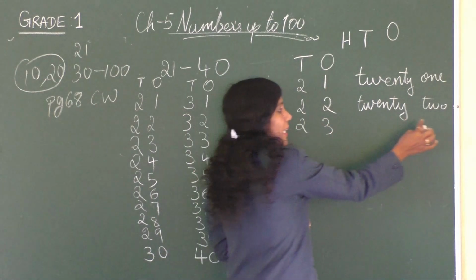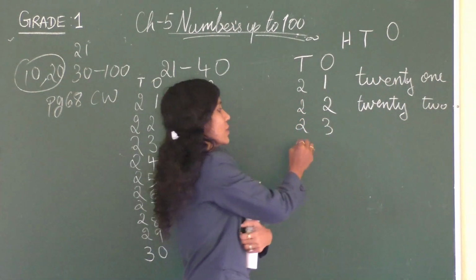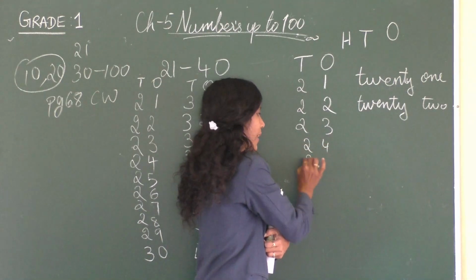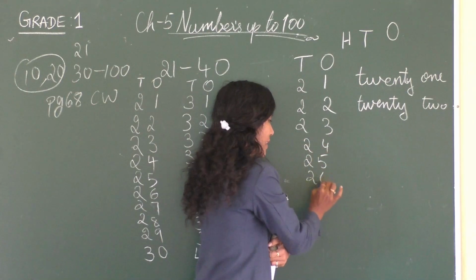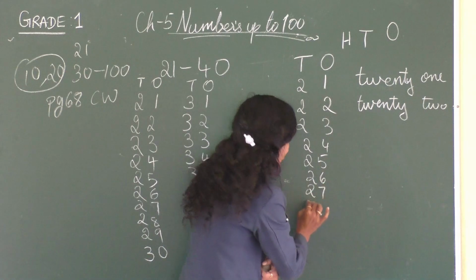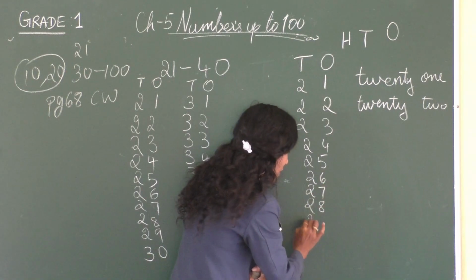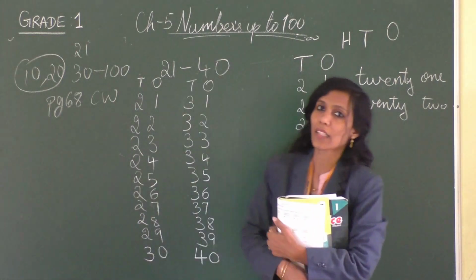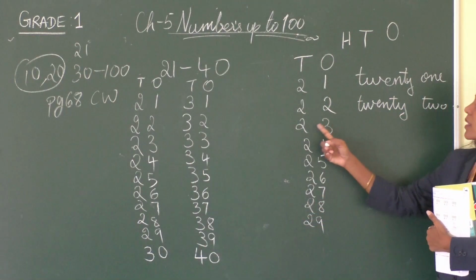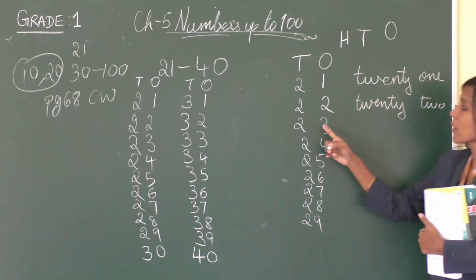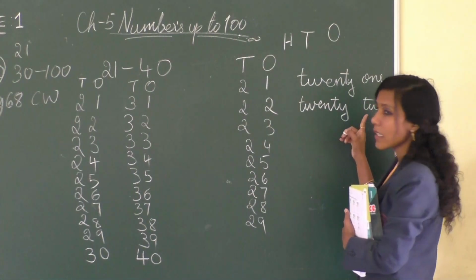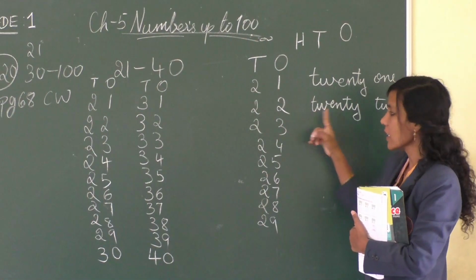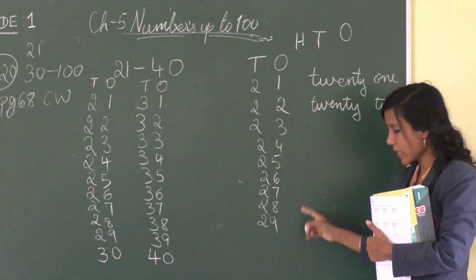For 23 you write 20 and the spelling of 3. 24, 25, 26, 27, 28, 29. This continues till 29. We write 20, and we write 3 here. 24, 25, 26.